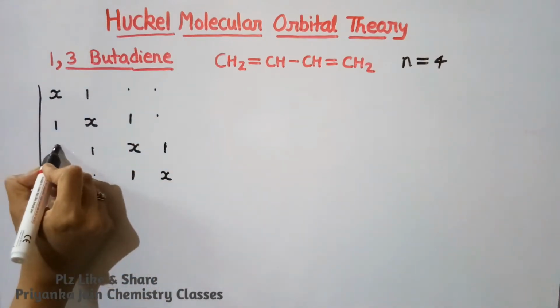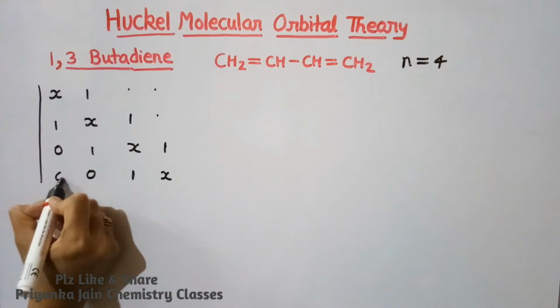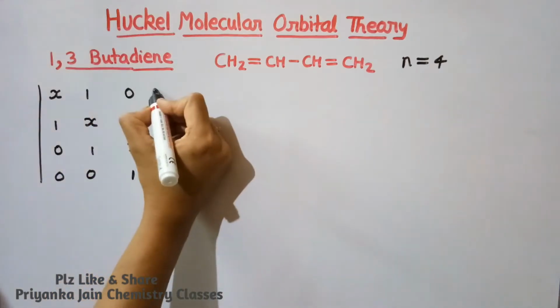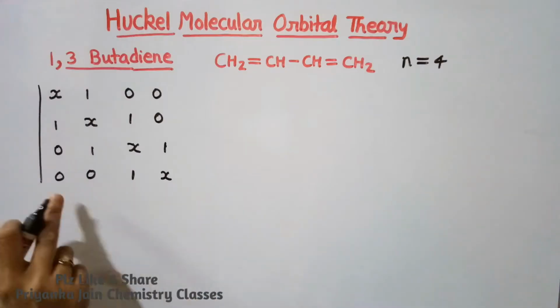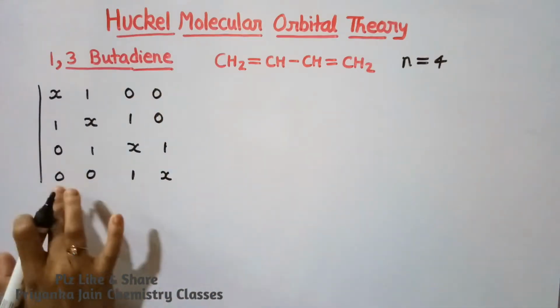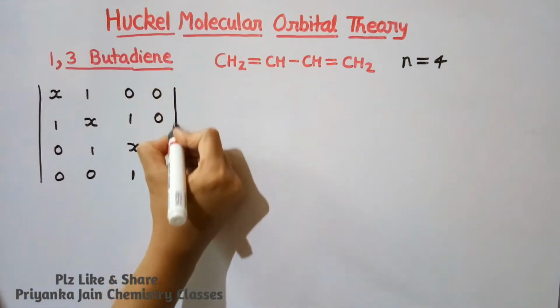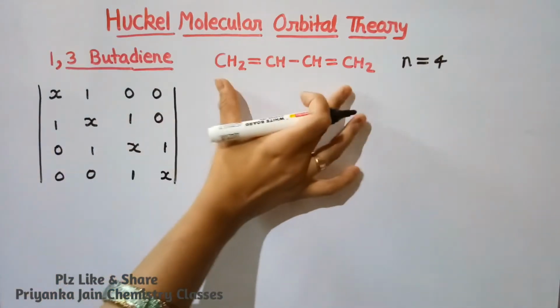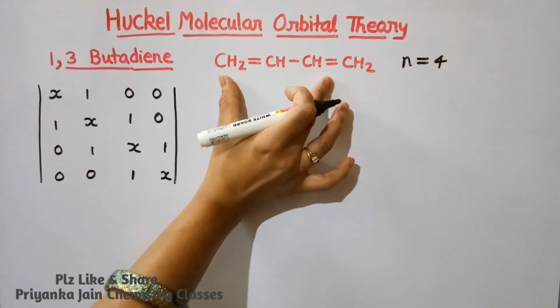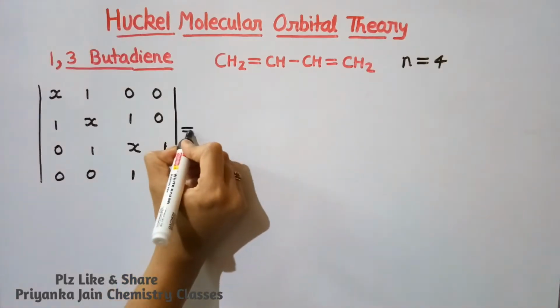Now the rest of the terms will be equal to 0 because it is a case of the linear polyenes. But when we are considering the cyclic polyenes, then these terms will not be equal to 0. This will be equal to 1. So you should keep this in mind. Here this will be equal to 0 because it is an acyclic linear polyene, right?